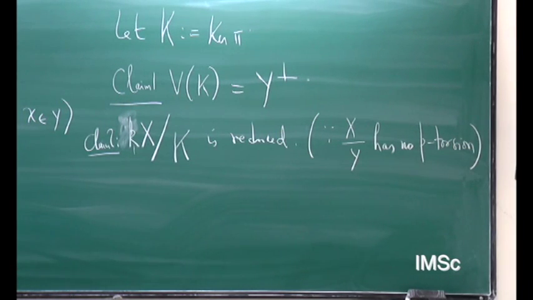Now we are all right. Because now I take an element here, if I have a character here, now I want to show something. Y perp means what? It should become 1.